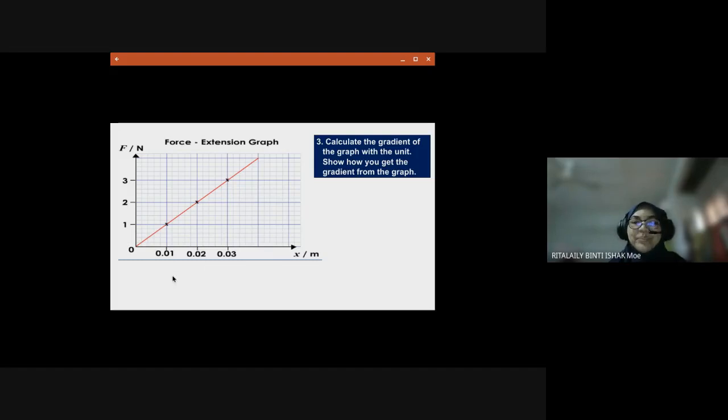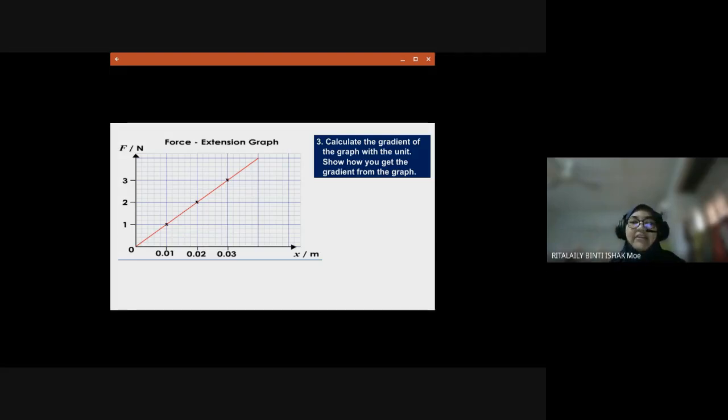So for this experiment, there is not enough data, only 3. But for your experiment, you should get at least 5 different data, so that you can plot a nice graph. If more, that's fine, more is okay, but do not go fewer. For any experiment we do, all your data should be more than or equal to 5.